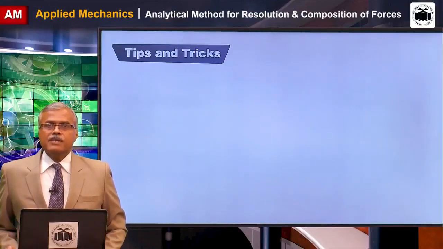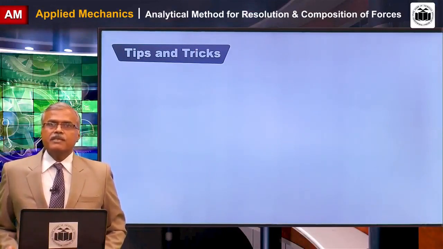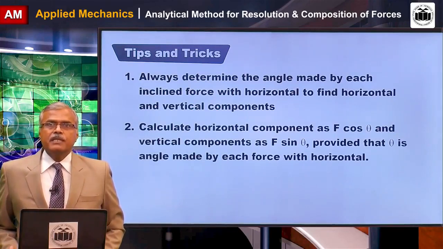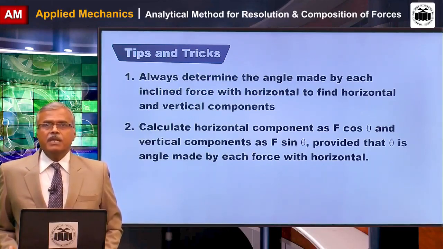Certain points are to be remembered while solving these problems, and they can be summarized like this. Always determine the angle made by each force with the horizontal to find horizontal and vertical components. Remember that horizontal components are always calculated as F cos theta and vertical components as F sin theta, provided that theta is the angle made by each force with the horizontal.